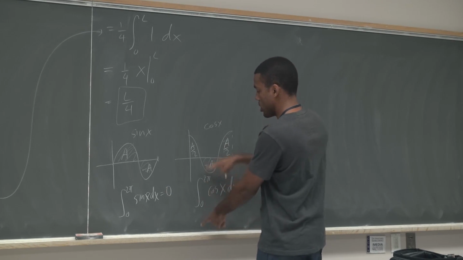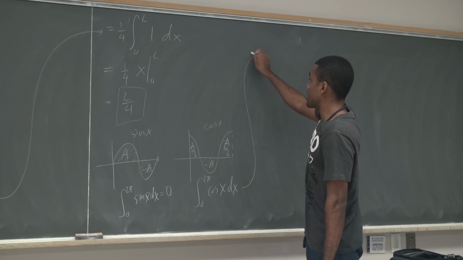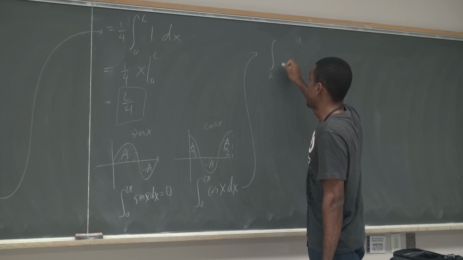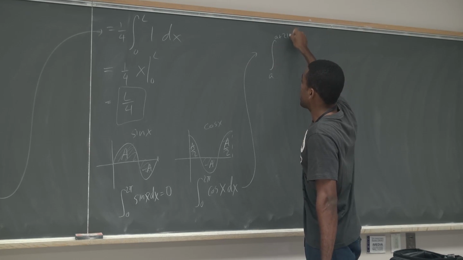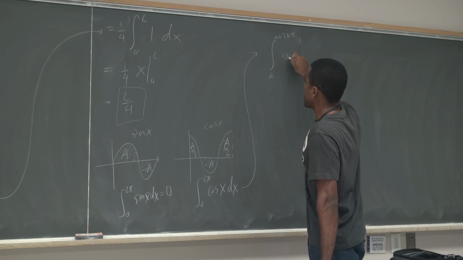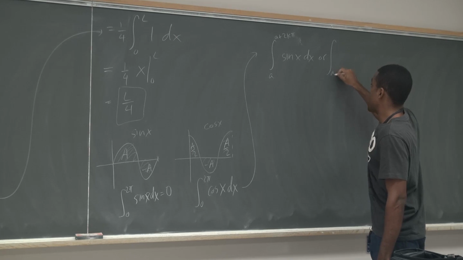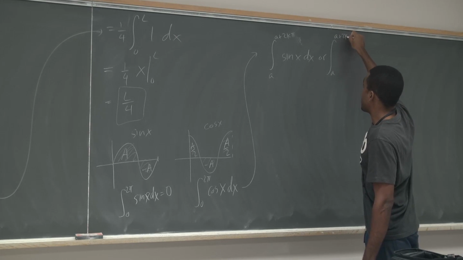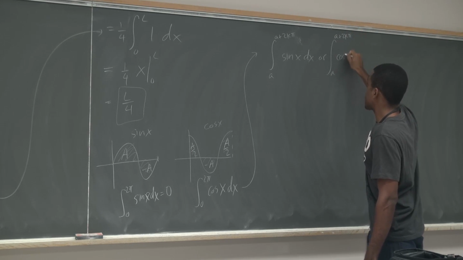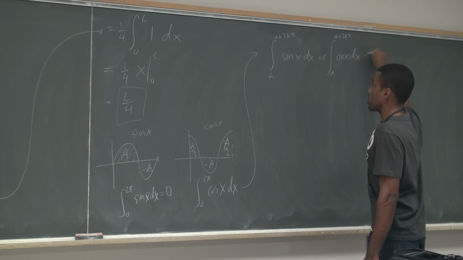In fact, if you integrate over any multiple of the period, from a up to a plus 2k pi of sine x dx, or of cosine x dx, that will also give you 0.